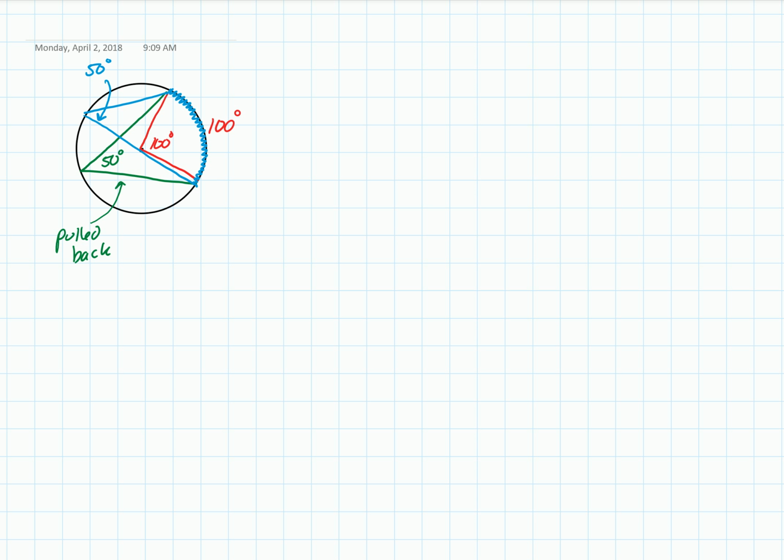So let's take a look at a problem where this is going to be solved. On page 558, I'm going to take a look at question number 4. So question number 4 has a circle, and as we can see, it has an inscribed angle FGD.